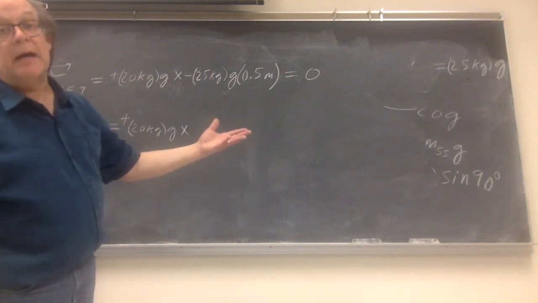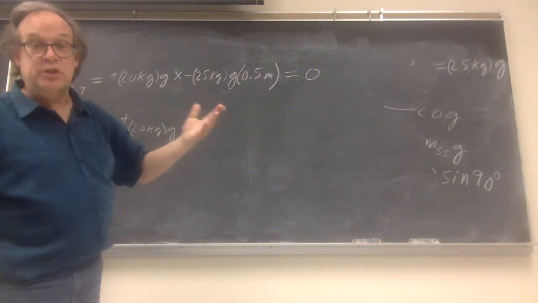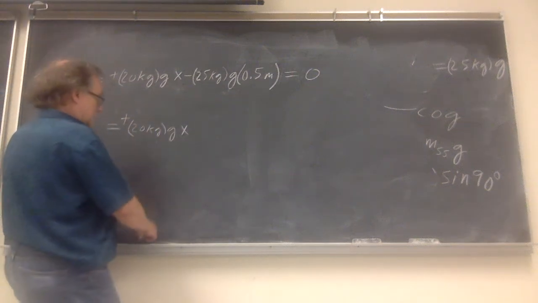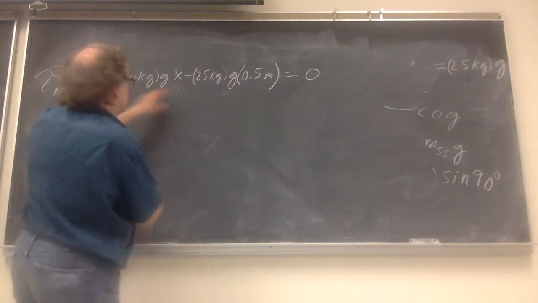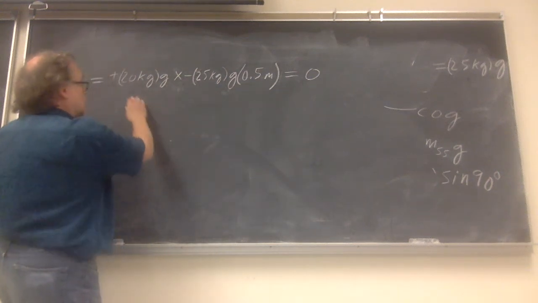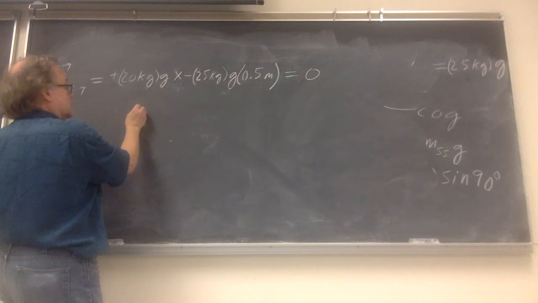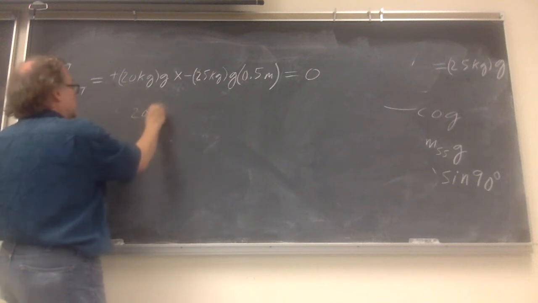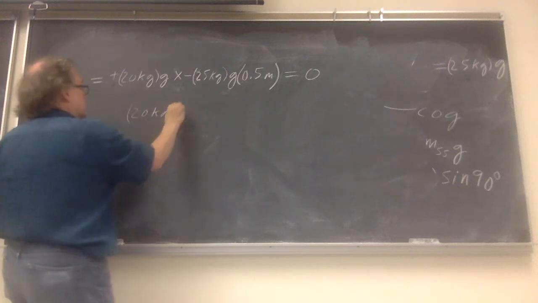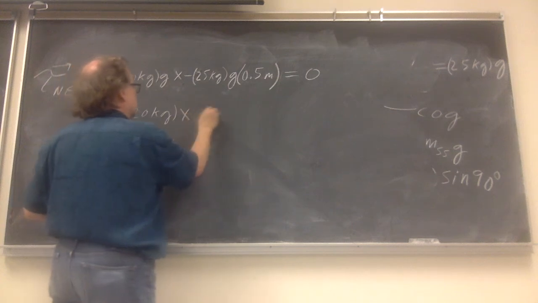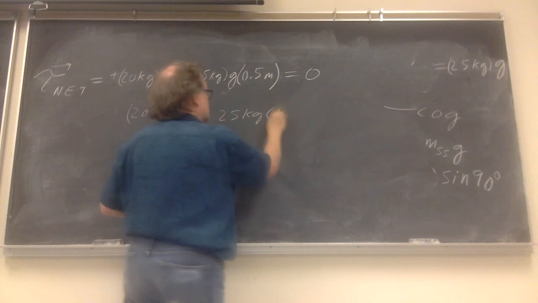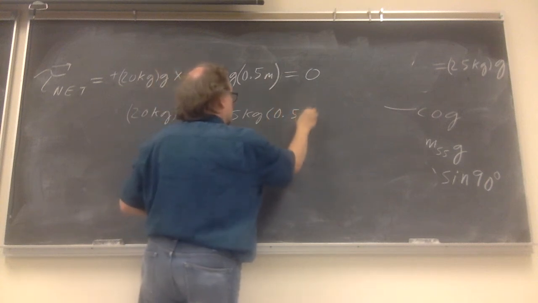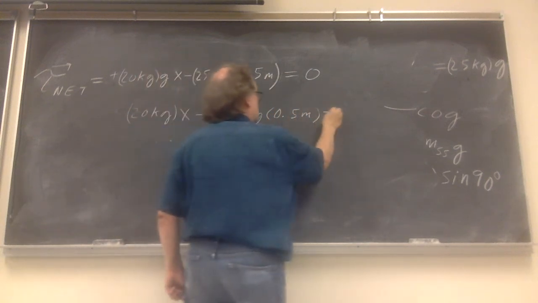That's why I did not multiply mass times G earlier. So divide the whole equation by G, and now all we have left on the left-hand side is 20 kilograms times X meters minus 25 kilograms times half a meter equals 0.